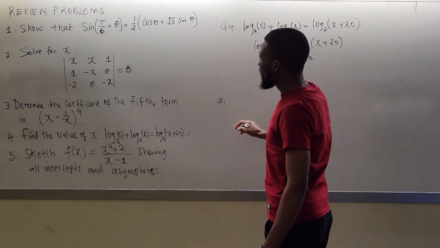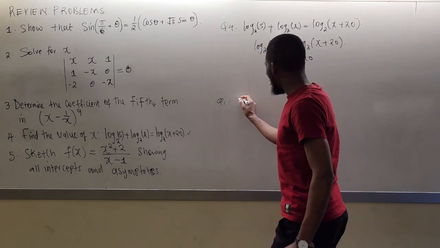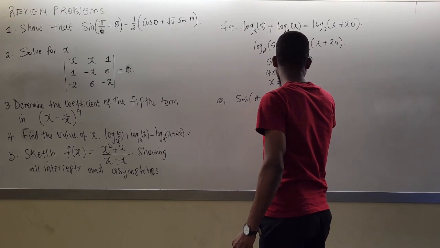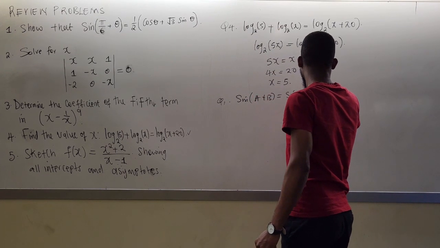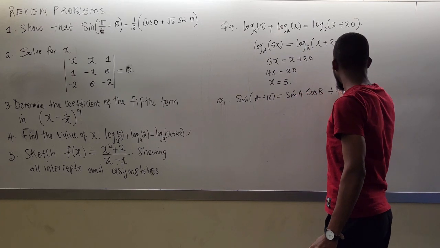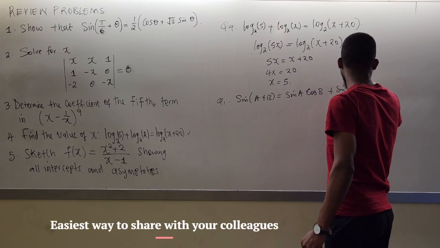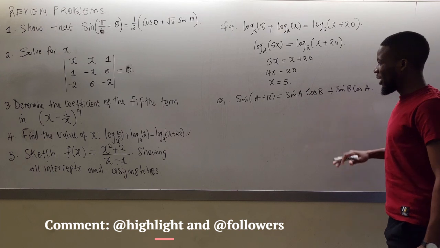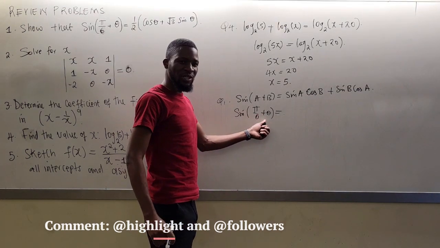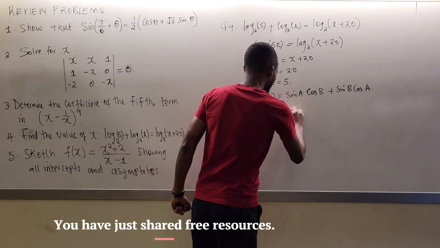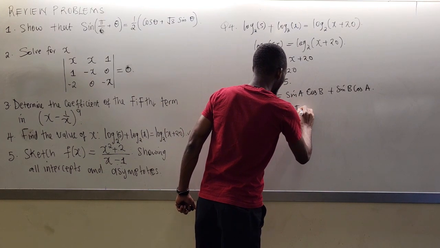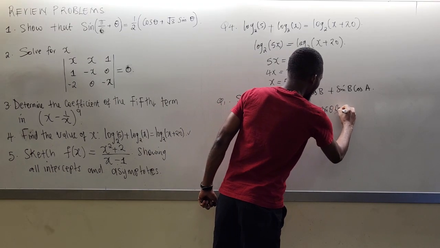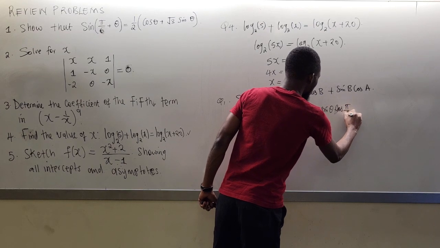Question number 1, you have to know that sine a plus b is equal to sine a cos b plus sine b cos a. Okay, so we are going to use this formula. So sine pi over 6 plus theta is equal to sine pi over 6 multiplied by cos theta plus sine theta multiplied by cos pi over 6.